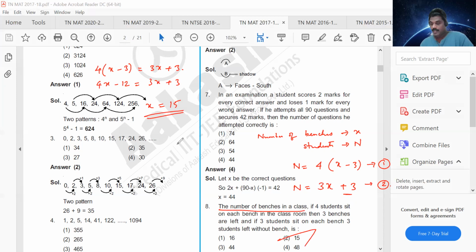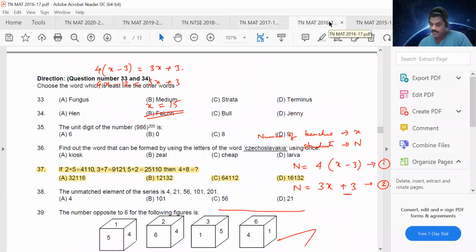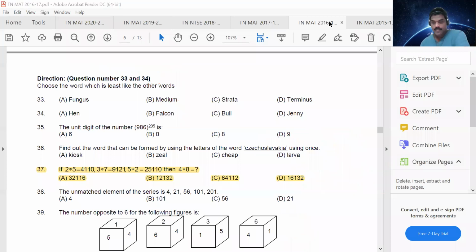Moving on to the next year, 2016. Now what happens over here? Observe. This is analytical reasoning. 2 into 5 has been written as 4110. 3 into 7 has been written as 9121. And 5 into 2 has been written as 25110.